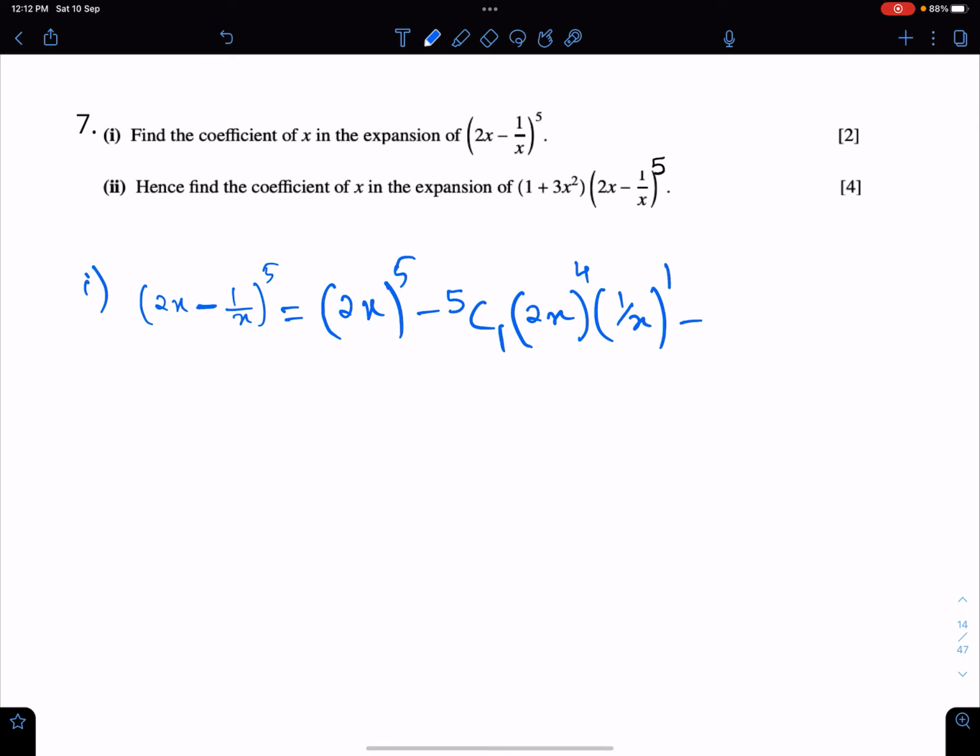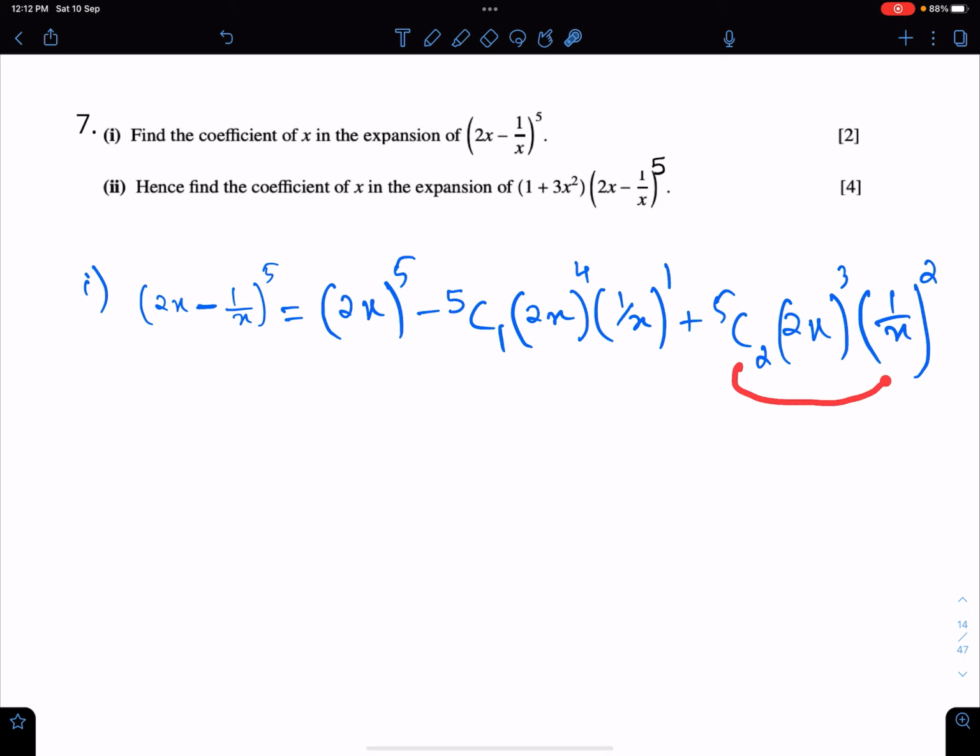So you have to find the next term. Keep expanding, simplify the terms and observe your requirement. If you get your requirement, then you can stop expanding. So 2x power 3, 1 over x to the power 2. See, when you simplify these two, you will get x, and this is your requirement. But I told you to expand one more term.